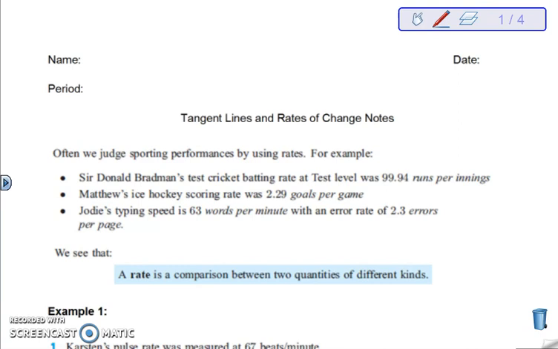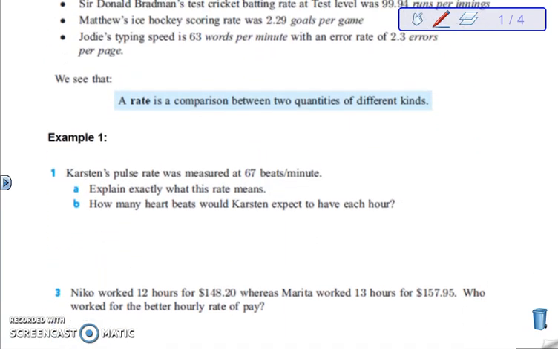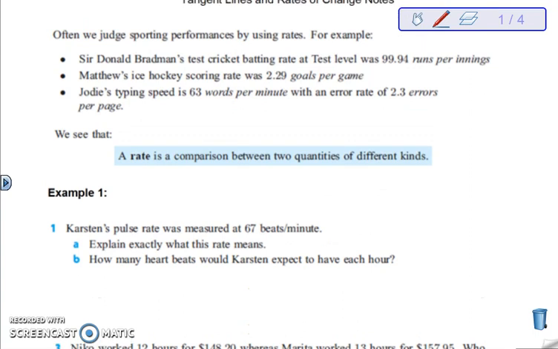First thing, rates of change. Basically, rates are just sort of comparing two quantities of different kinds. In other words, we're measuring how much one variable changes in relation to another. So you have some examples over here of the rates.